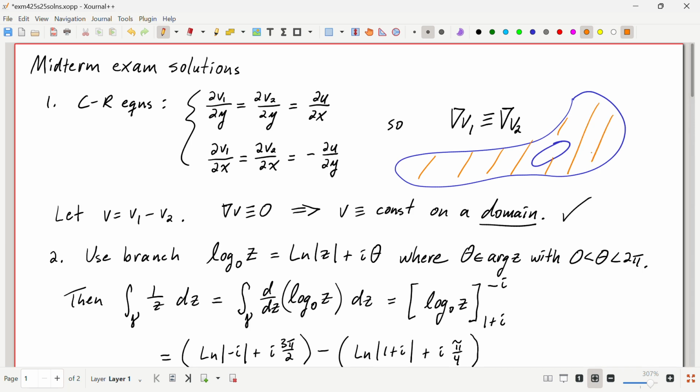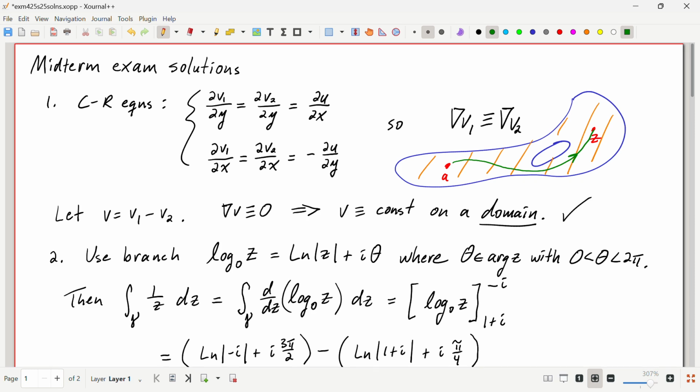And so what we did in this case is I fixed a point A and let Z slide around, and then I took a curve that started at A and went to Z and integrated along that. And here's what we did, we went zigging and zagging along that curve.